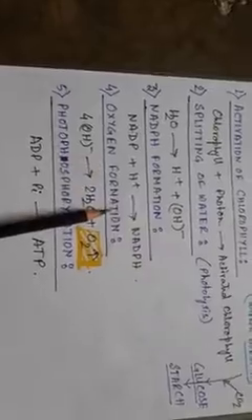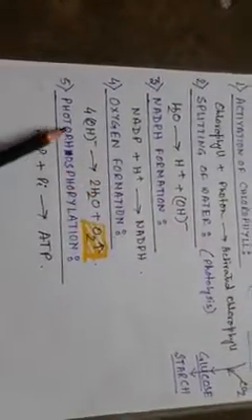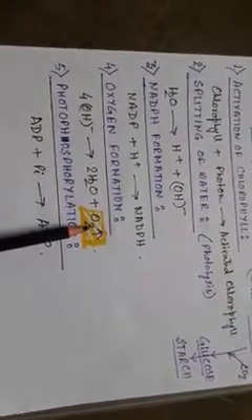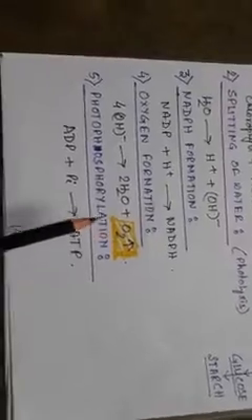Next, oxygen formation. So 4 hydroxyl ions combine and form 2 molecules of water and 1 molecule of oxygen. That oxygen will be released from the leaf. So it is the main product of photosynthesis. Last one, photophosphorylation. Photo means light.